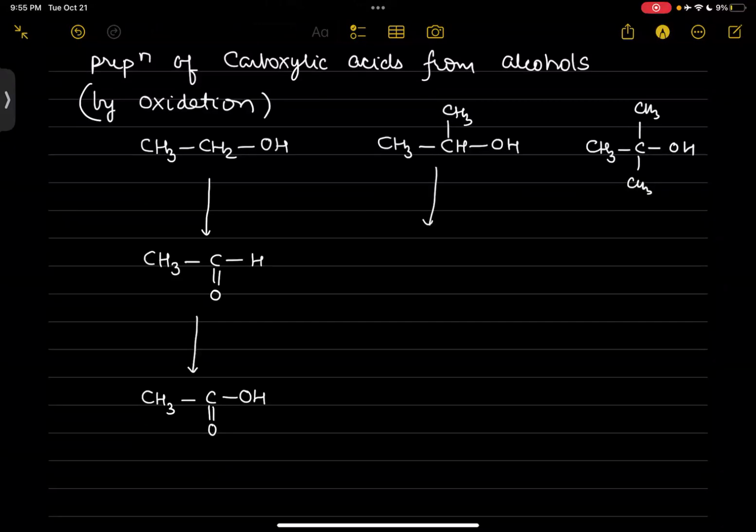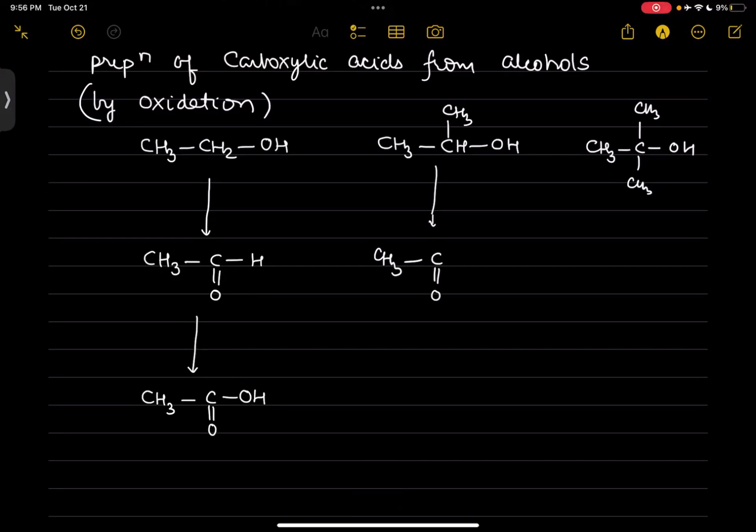Secondary alcohols can get oxidized only in one stage, right? Irrespective of whether you have taken the strong oxidizing agent or weak, they will get oxidized only at one level and they will end up with the ketone.